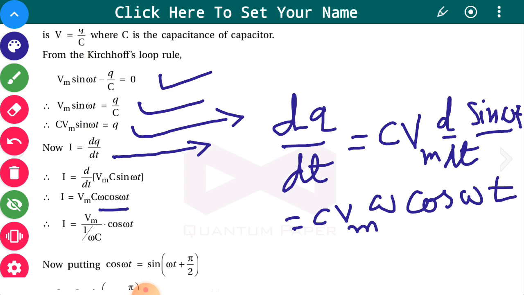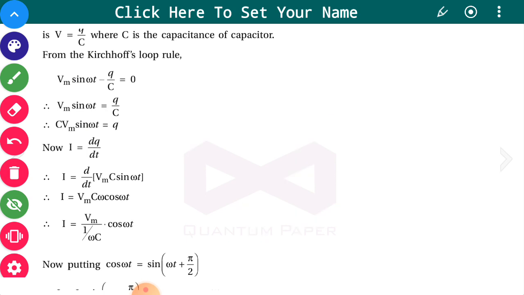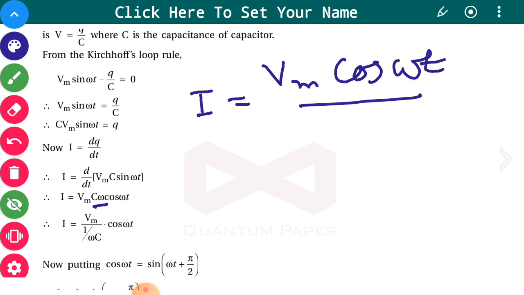So I can be written in a different way. If you write it in a different way, then this C and omega, which are in the multiple, are taken to the denominator. So it has been written in this way: Vm cos omega t upon 1 upon omega C.